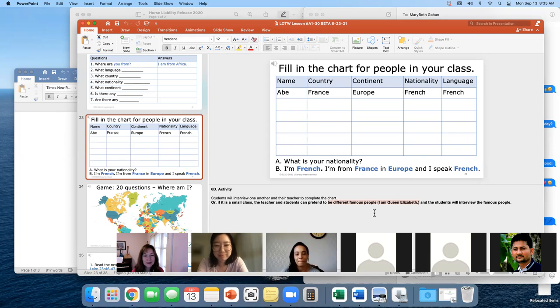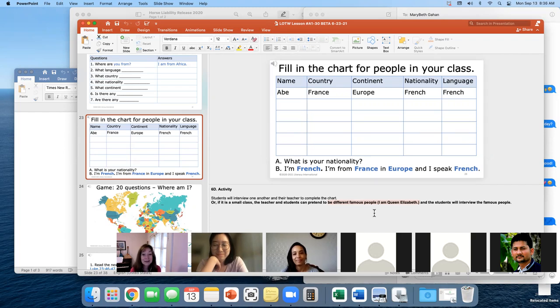So, if you wanted to, you could show pictures of different famous people from other countries and have them work on that, just to make it a little bit more interesting. You can also do that. Now, if you are teaching in Brazil and all of your students are Brazilian, it won't be a very interesting chart, right?